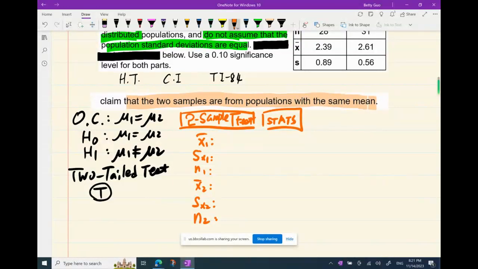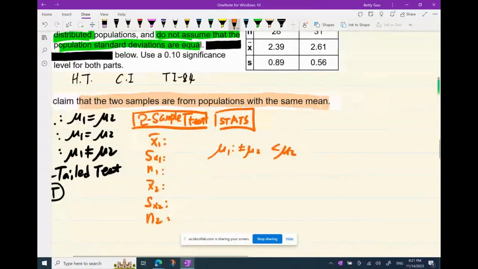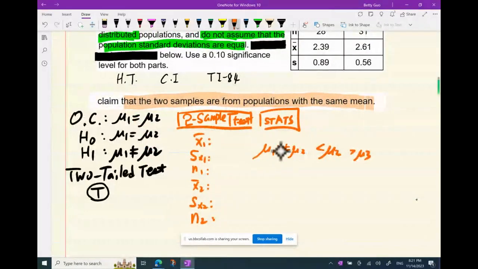For the type, you would see not equal to mu2, less than mu2, and bigger than mu2, three options. Then pooled has two options, no and yes. Then after that, we have calculate. So this is what you see in a calculator.